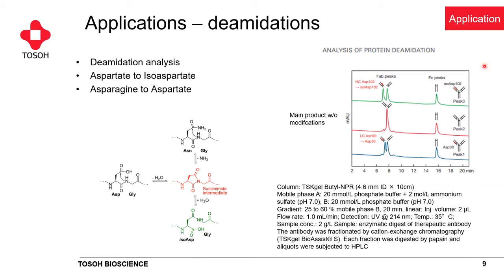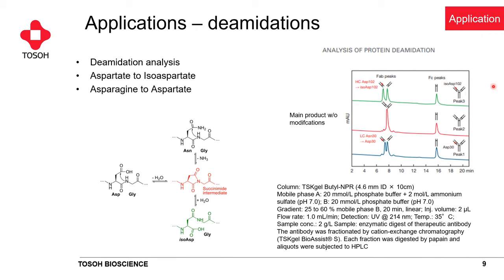Those fractions were enzymatically digested in order to get the different parts of an antibody, meaning we have a cleavage into the Fc part and the two Fab parts.